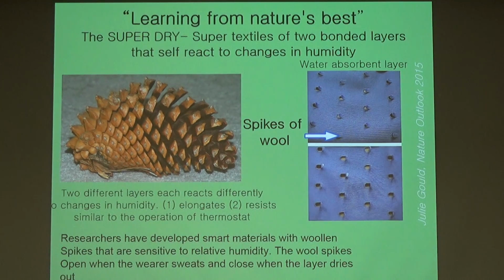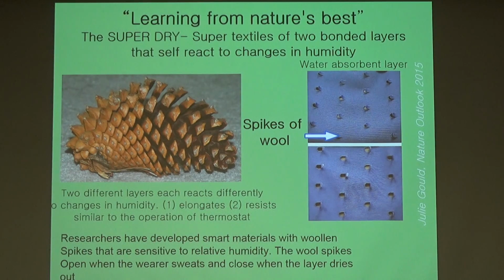So the pine cone has two different layers which react differently to changes in humidity. So it elongates, and then there's a resistance to a similar process, and it's very similar to the operation of a thermostat. So there's some textiles. This is an example of a textile wall.